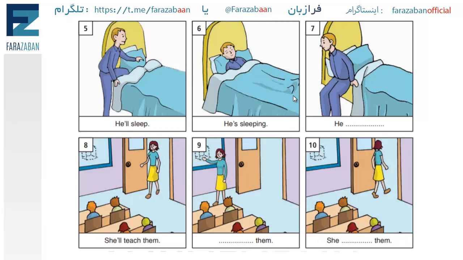He's sleeping. Sleep is an irregular verb, okay? So if you want to make it past, you cannot add ed. You have to learn that the past form is slept. She'll teach them. She's teaching them. Teach is an irregular verb, so she taught them.